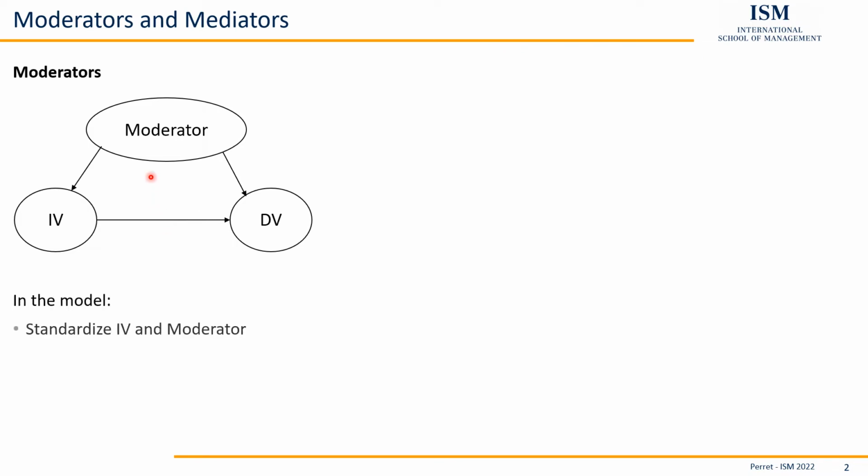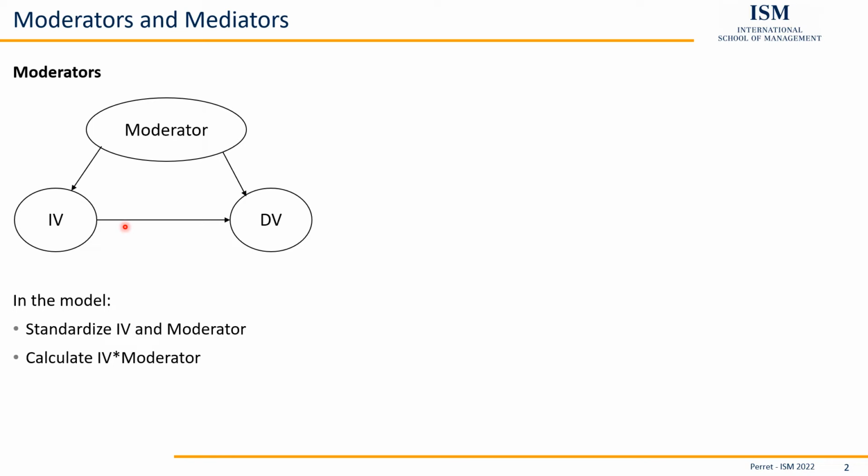Well, in our model, we can start by standardizing our independent and our moderator variable. In most cases, also the dependent variable. And that's not 100% necessary, but well, if you do this, might go with standardize all three of them.